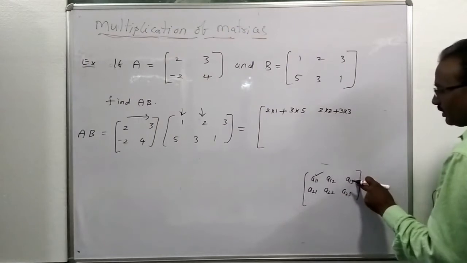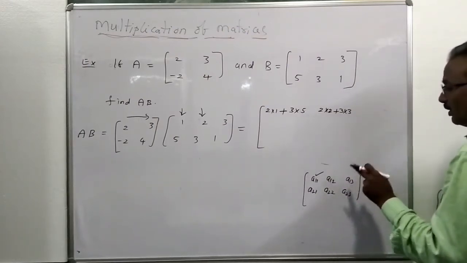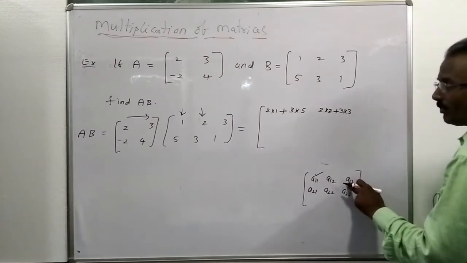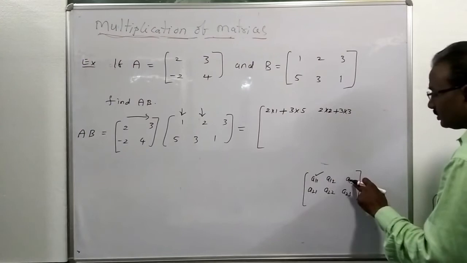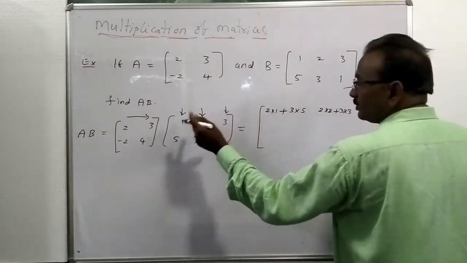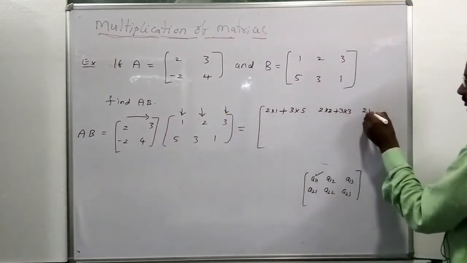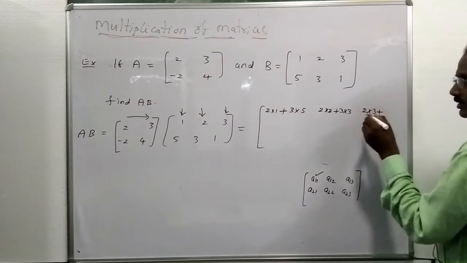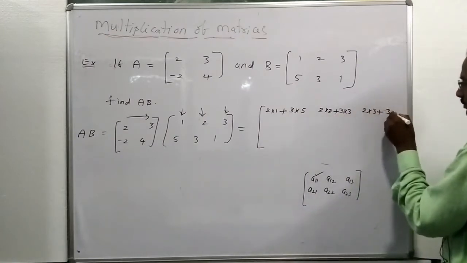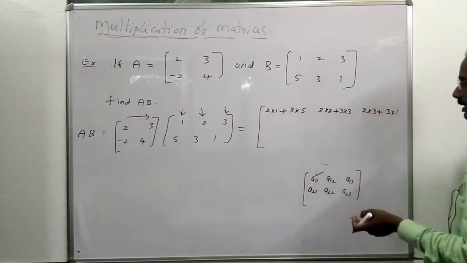Next, the third element, first row third element A13, is obtained by the sum of the product of the first row elements of matrix A with the corresponding third column elements of matrix B. So this is the third column. So first row with the third column. So that is 2 into 3 plus 3 into 1. So these are the first, second, and third elements of the first row.